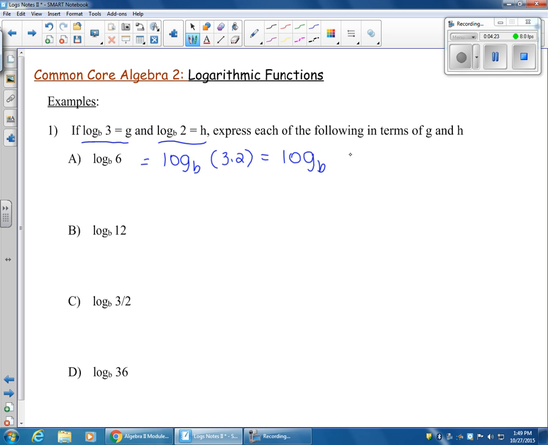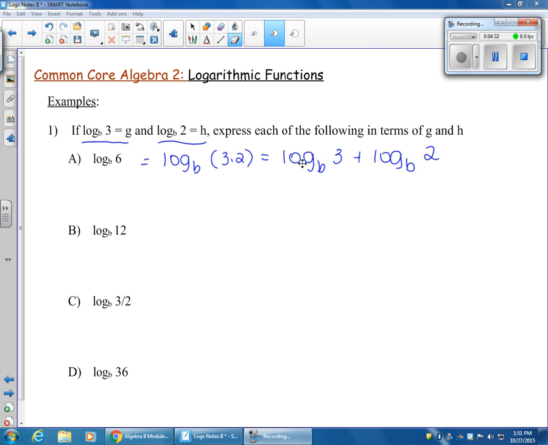So we can rewrite this as log base b of 3 plus log base b of 2. So now that we have it expanded, we can simplify it based on what we're given. Log base b of 3 is equal to g, and log base b of 2 is equal to h. So we have g plus h.